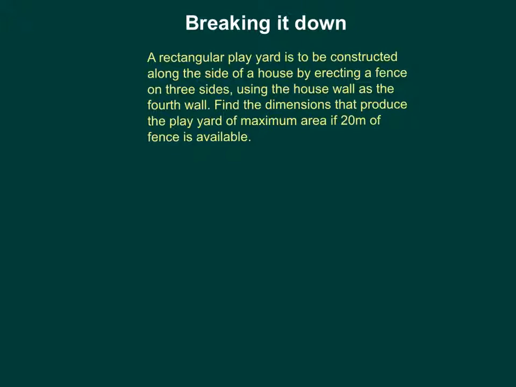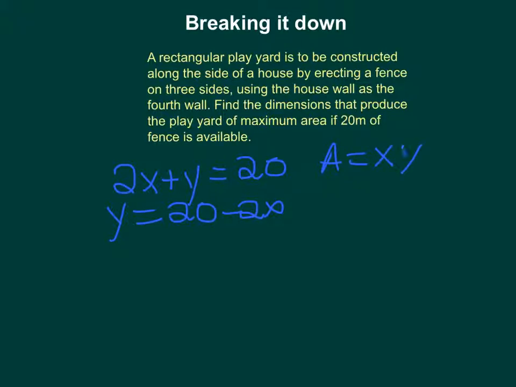Now that you have the initial setup, 2x plus y equals 20, y equals 20 minus 2x, and area equals x times y, you can take the substitution, y equals 20 minus 2x, and plug that into your area.